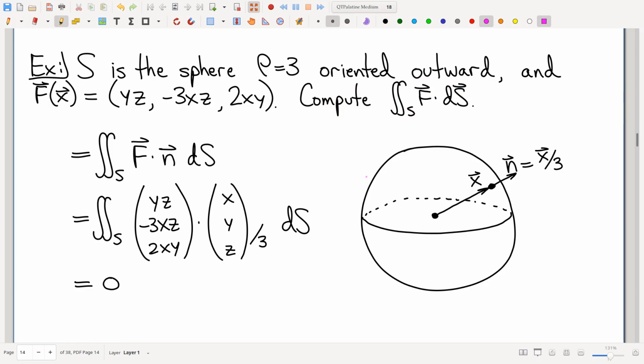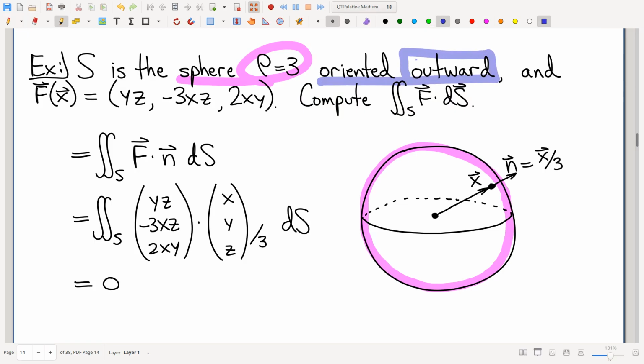So here we have this sphere. Spheres have fantastic symmetries. It says right here, oriented outward. So I know my orientation unit normal is outward. I also know that the position vector on the sphere, if I look at that point where I'm evaluating that normal, look at that position vector.